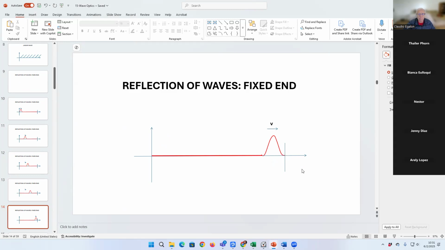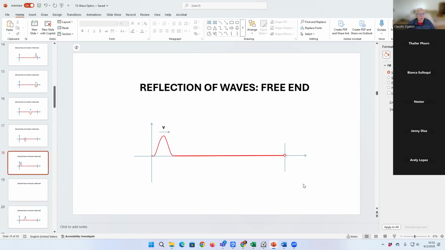And it will generate an interesting wave. The wave will reflect upside down, okay? Because this point here must be fixed, the wave will be reflected upside down. And then it moves back to the other end, right where it starts.